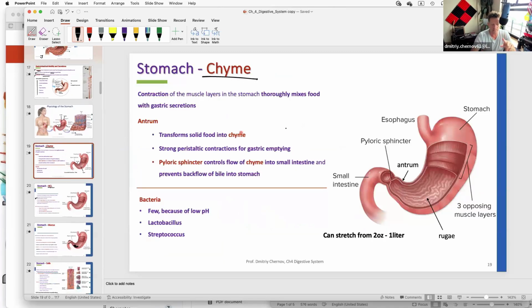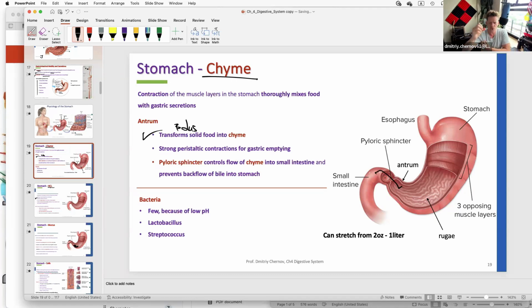All right. Contraction of the muscle layers mixes and transforms solid food into chyme, right? That's what happens from bolus, basically, to chyme. Peristaltic contraction, and the pyloric sphincter controls the movement of chyme into the small intestine. Contraction happens every 5 seconds, and with each contraction, when the food has been digested completely, it can pass through the pyloric sphincter.